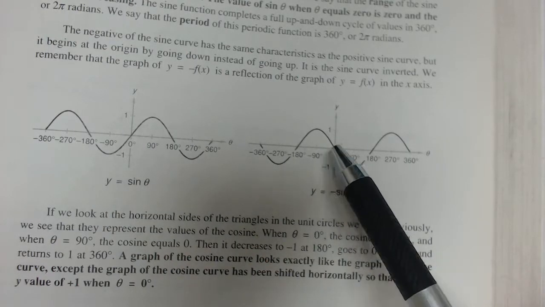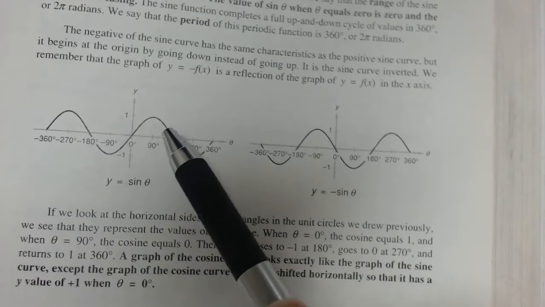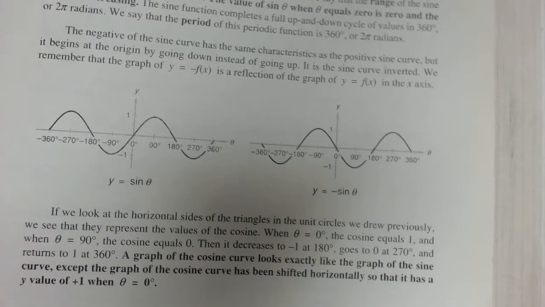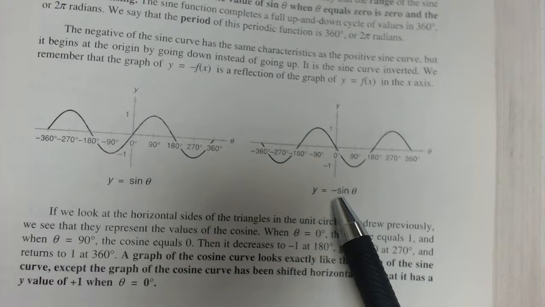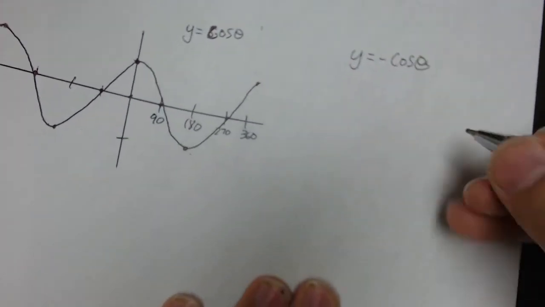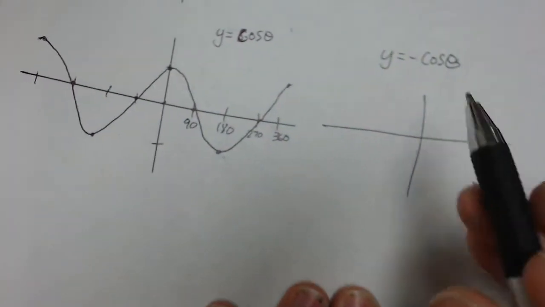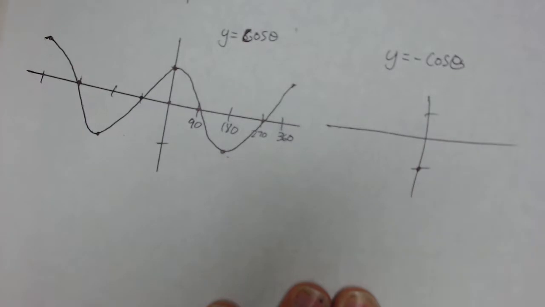So for negative sine, we're still passing through 0. So at 0, we're still at 0, 0, but it goes down instead of going up from the start. So whenever you put a negative in front, you would do the reverse. And then if we did the reverse of cosine, if I wanted to do y equals negative cosine of theta, what that would do is from the start, instead of it being at positive 1, it would be at negative 1.